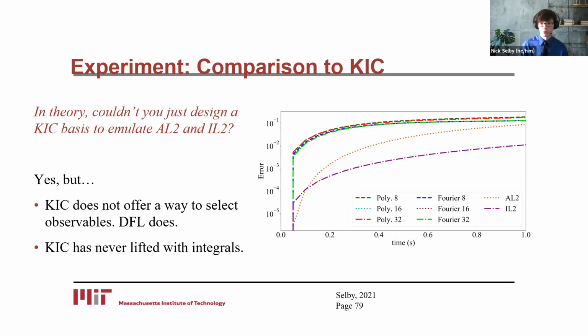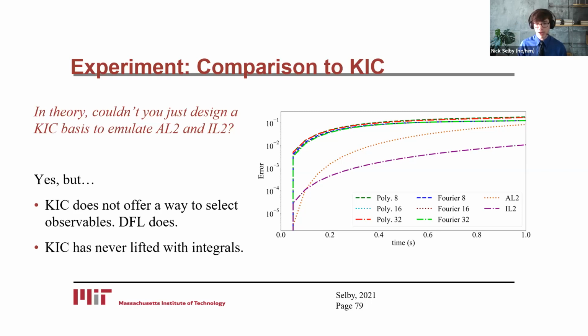Now, the experiment on the right here is just a small exploration of these points. So instead of just showing one polynomial basis like I have for previous experiments, I show several polynomial and Fourier bases with different dimensions to demonstrate the futility of picking, quote unquote, smarter bases for your Koopman algorithm without using your knowledge of system structure and causality, right?